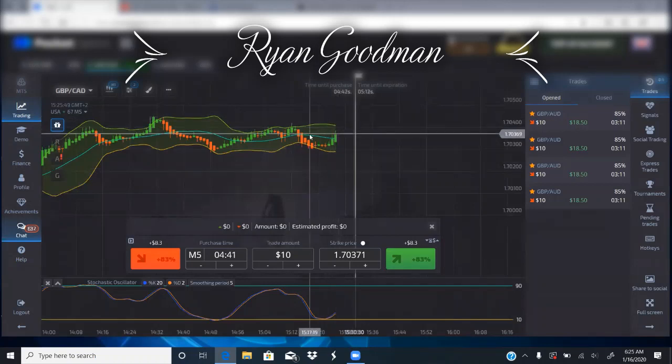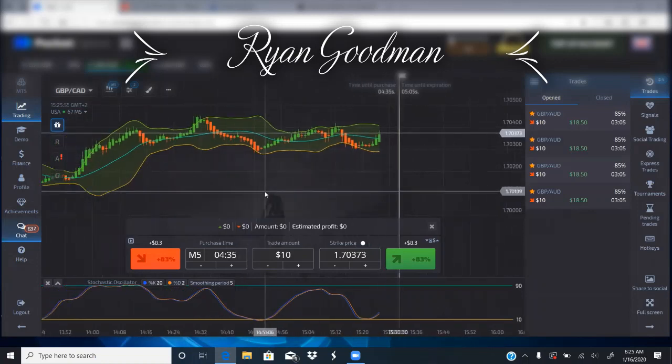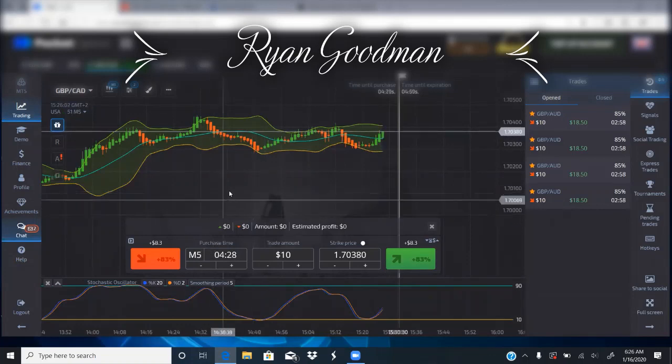Once we hit this top Bollinger Band, we'll be looking to take a put on GBP CAD. So if you guys want to pull that up, it looks like it's getting ready to get set up now. Just have GBP CAD pulled up. You can set your time frame for 5 minutes.